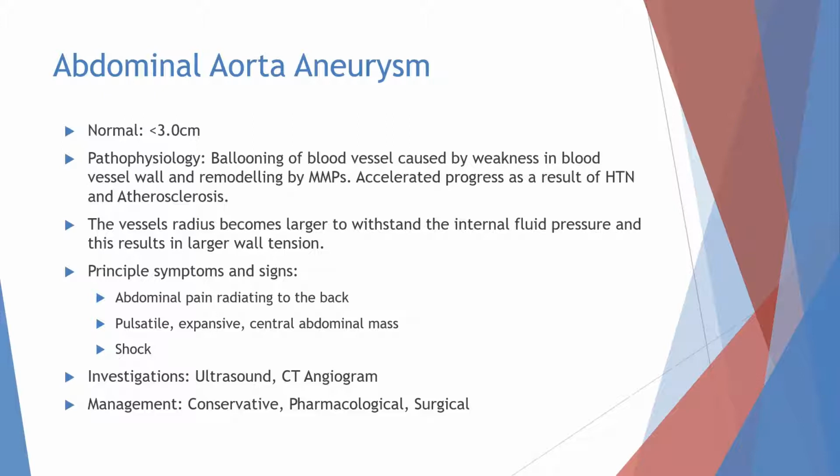Matrix metalloproteinases in AAA patients are upregulated, and this causes a dysregulation of the elastic components within the arterial wall. It's that irregularity in the degradation of these products that allows the expansion of the aneurysm wall in response to pressure and atherosclerotic disease.